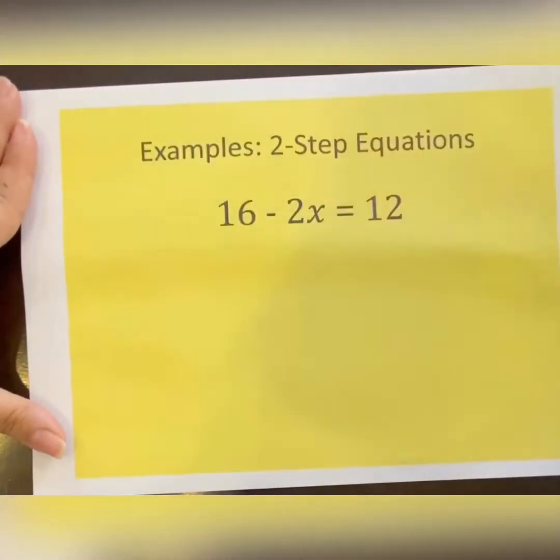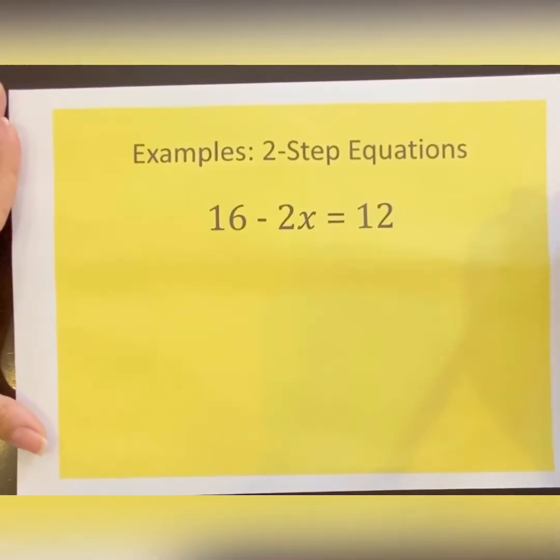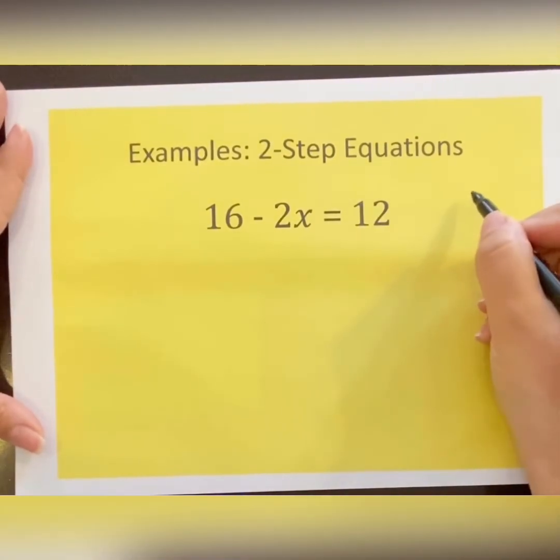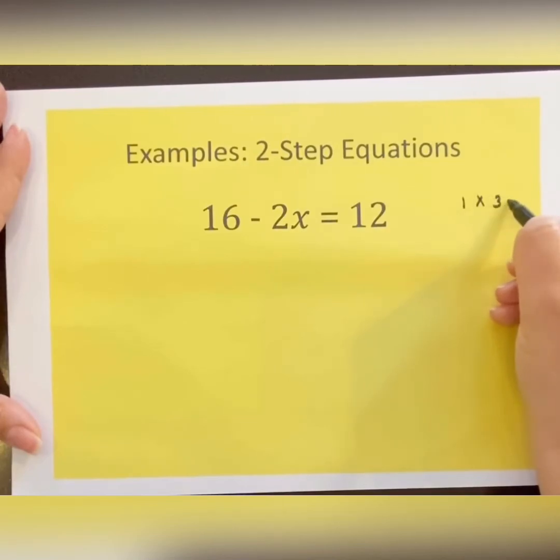For the third example, there is a small difference in here: we're going to use multiplying and dividing integers that we took at the beginning of this year. You have to remember the rules. Whenever we multiply any two positive numbers, 1 times 3 equals 3. These are two positive integers, so the answer is positive.